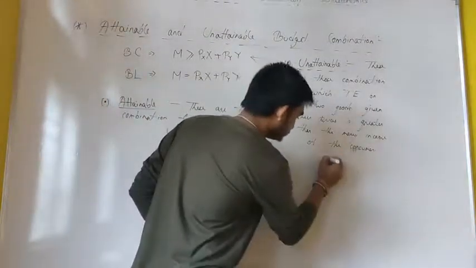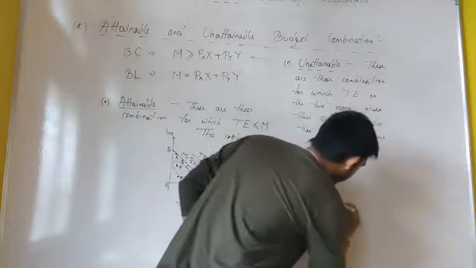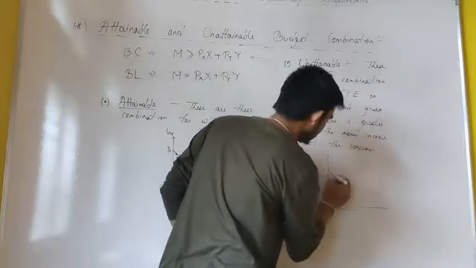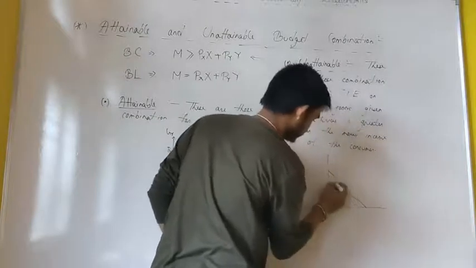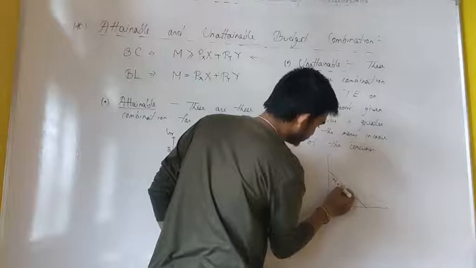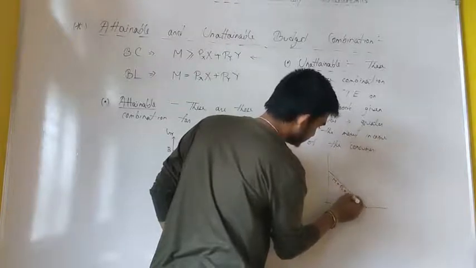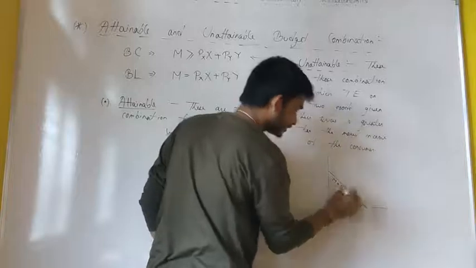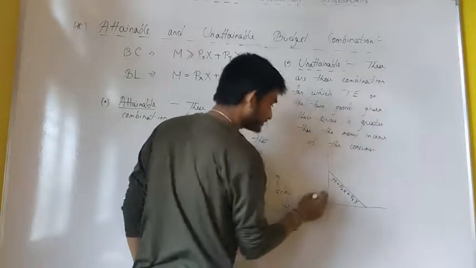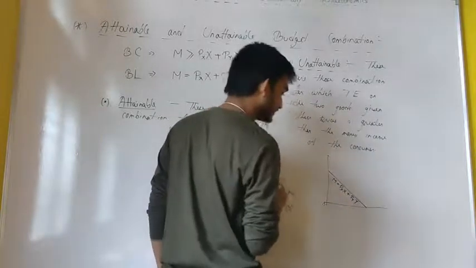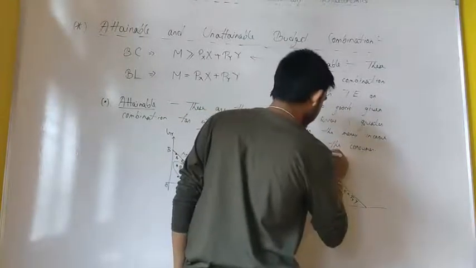So let me show it in a diagrammatic way. We have a budget line for which money income is equal to my total expenditure on two goods given their prices. We have two goods X and Y, and the prices of the two goods are Px and Py.